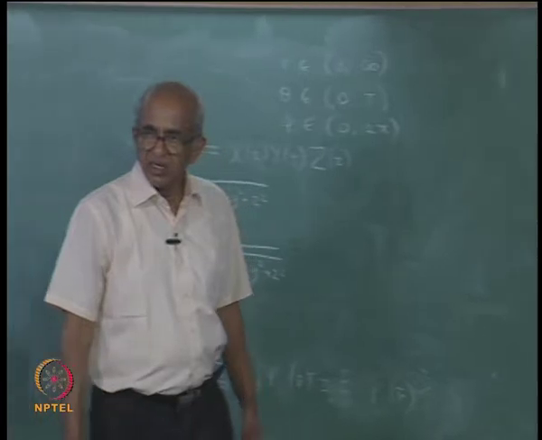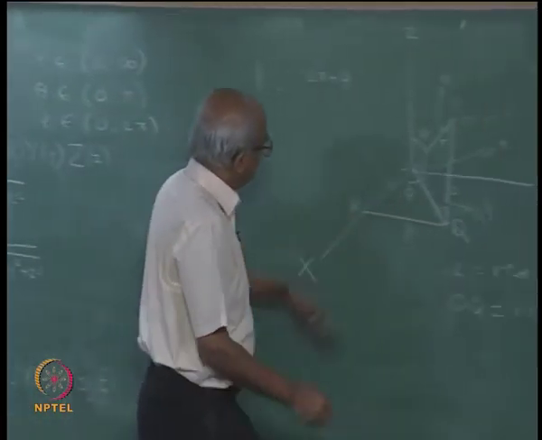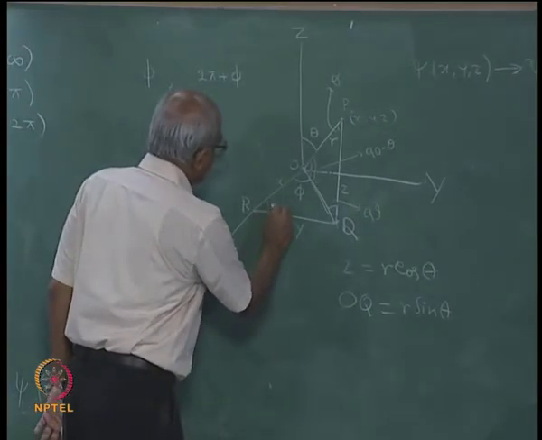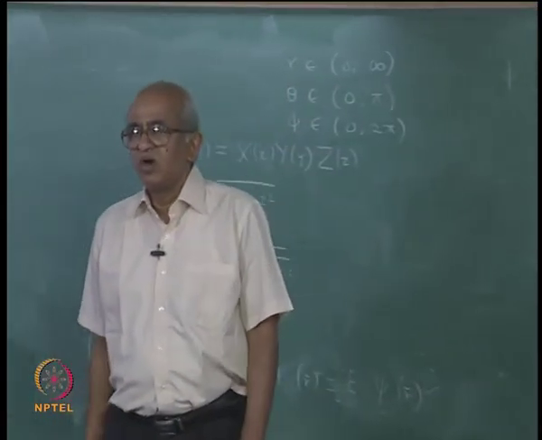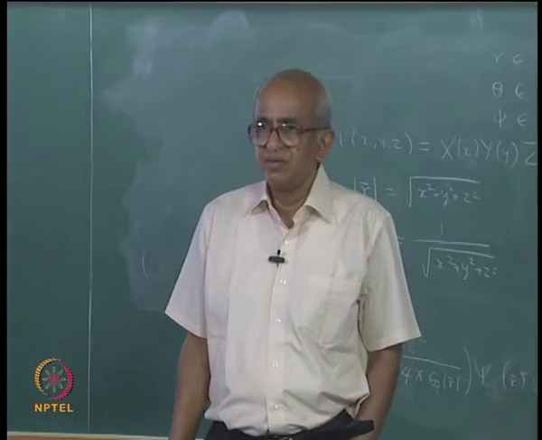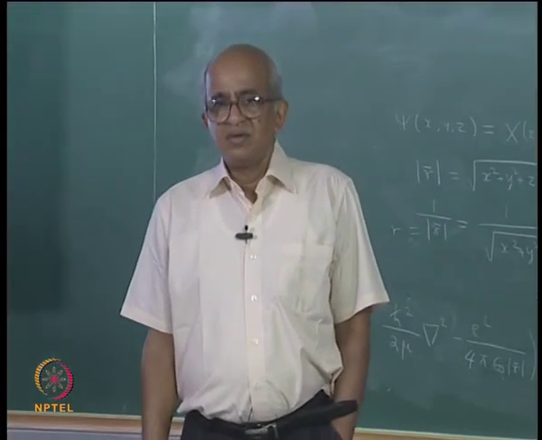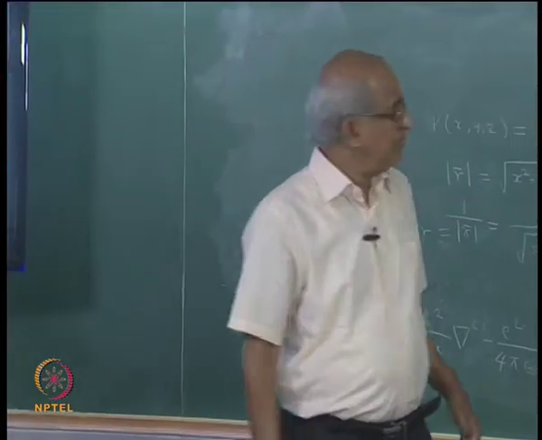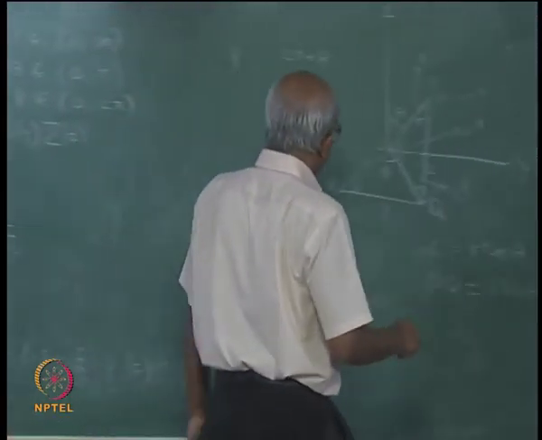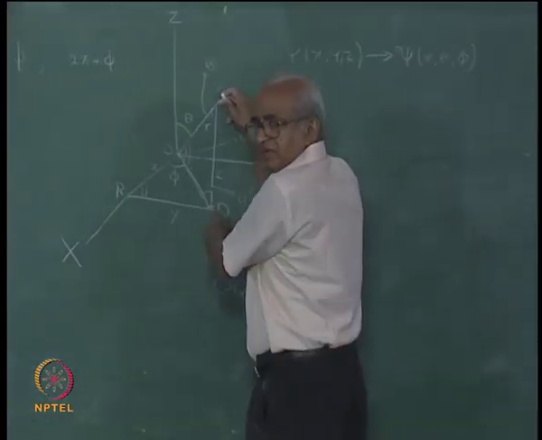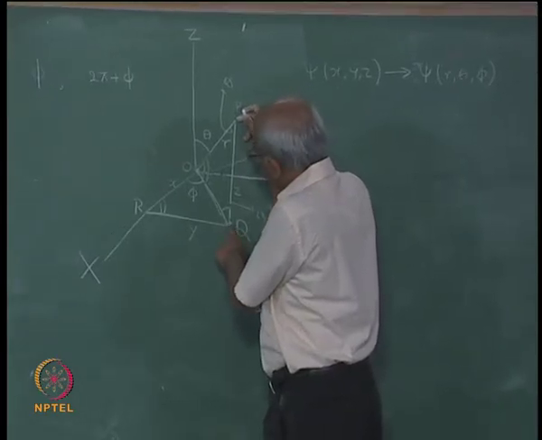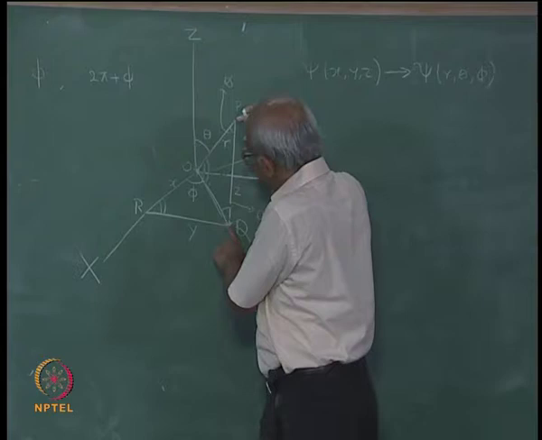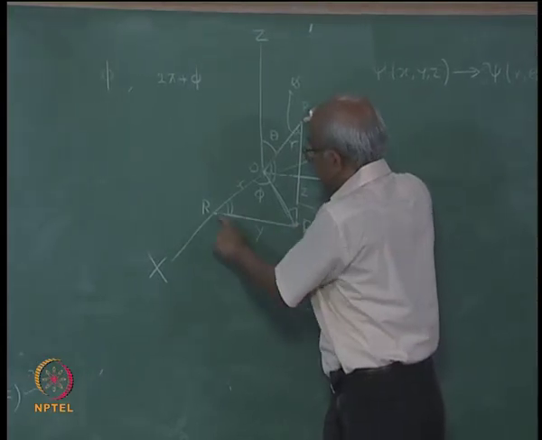Fine. And then you can say, if you think of this angle, how much is that angle? Well, you have to think of the model. You see, this is myself, and here is the perpendicular from the point where I am standing to the x axis.